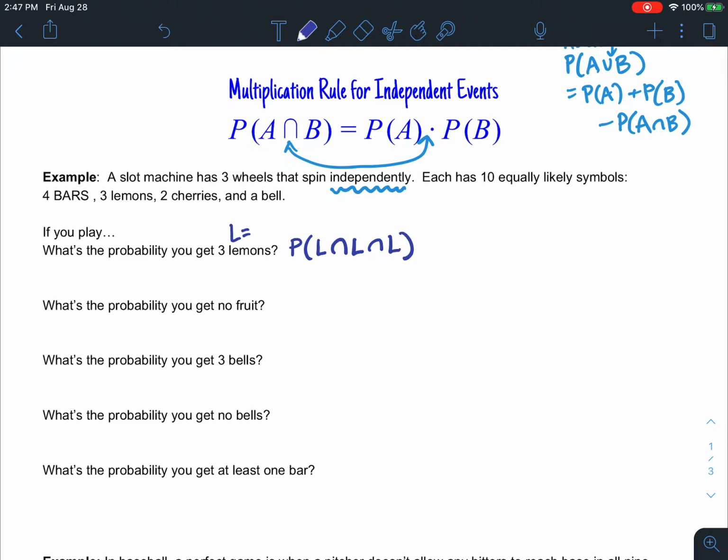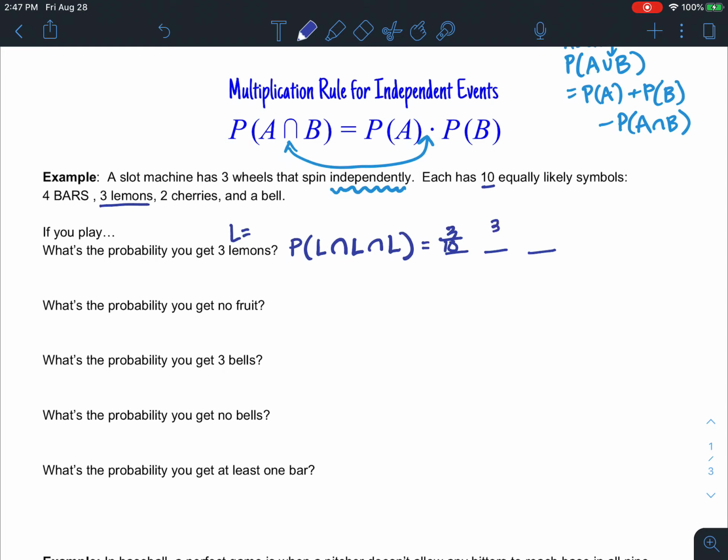Alright, so there we go. So basically what the multiplication rule says is we think about these 3 wheels on the slot machine. On the first wheel, what's the probability that it's going to be a lemon? Well, the probability that it's a lemon is 3 out of 10. What about the second wheel? What's the probability that it's going to be a lemon?